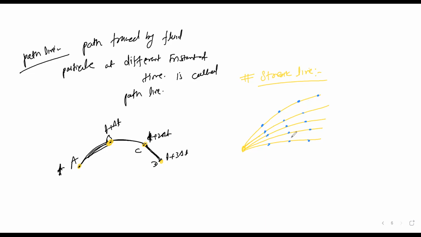If we join the points of the different streamlines, you will get a line, and this line is called the streak line.